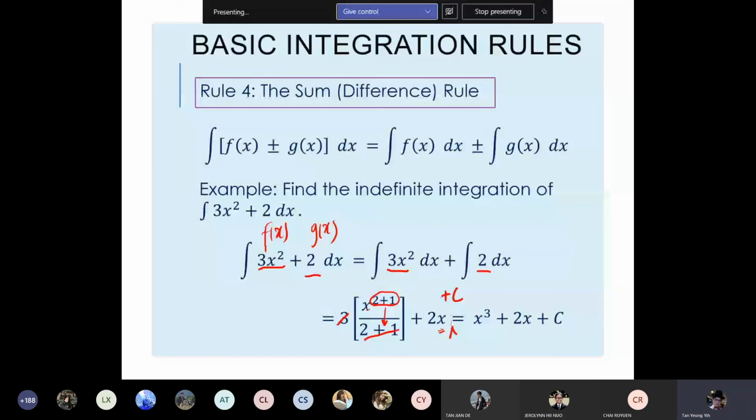We have x to the power of 3 here, plus 2x plus c. So rule number 4: when we integrate two or more different functions, we integrate them one by one. Any question?